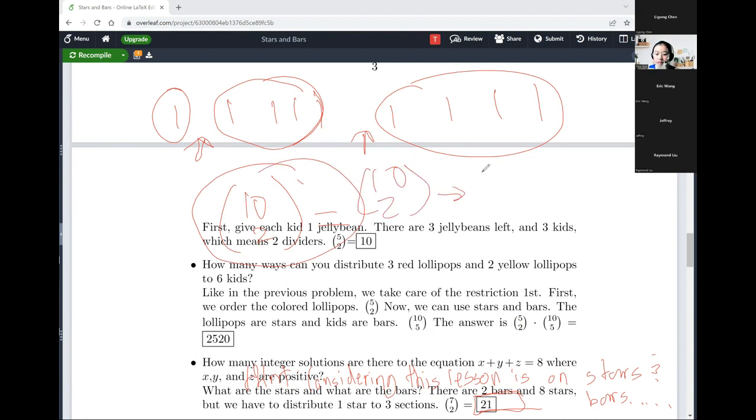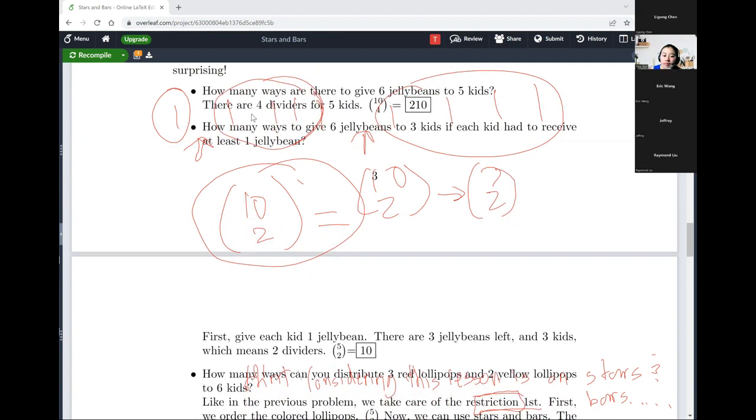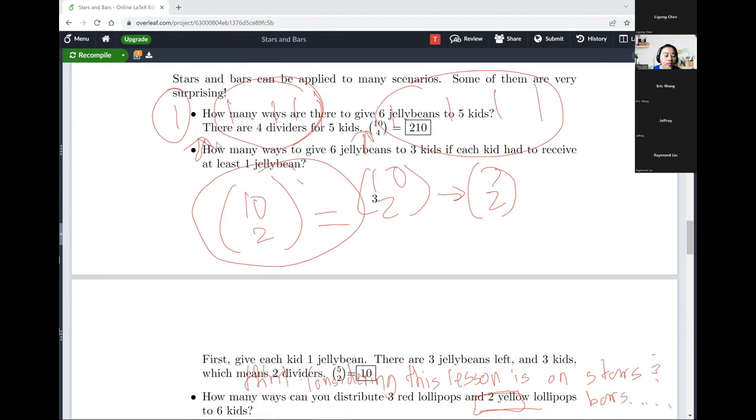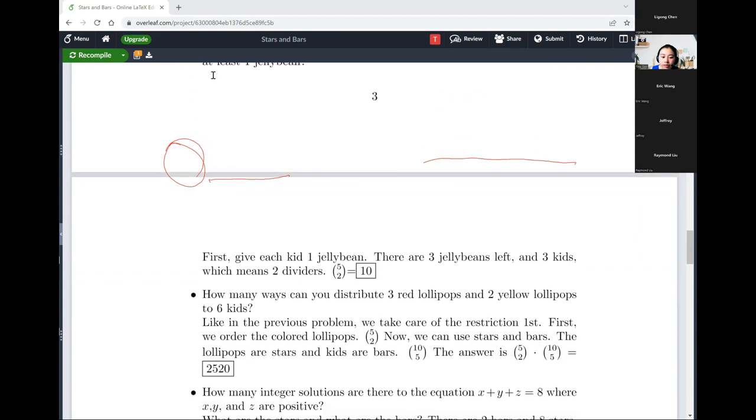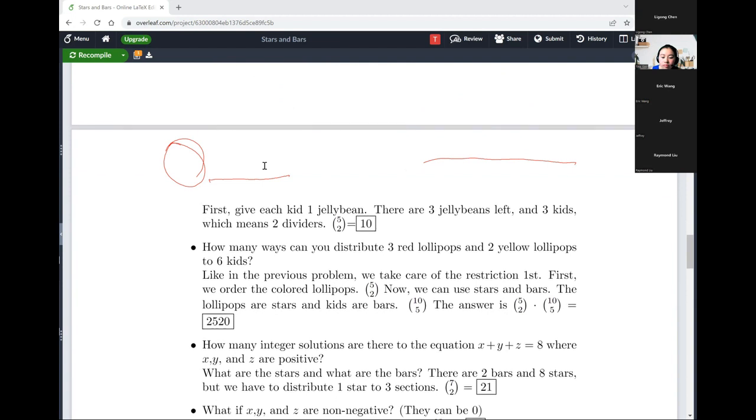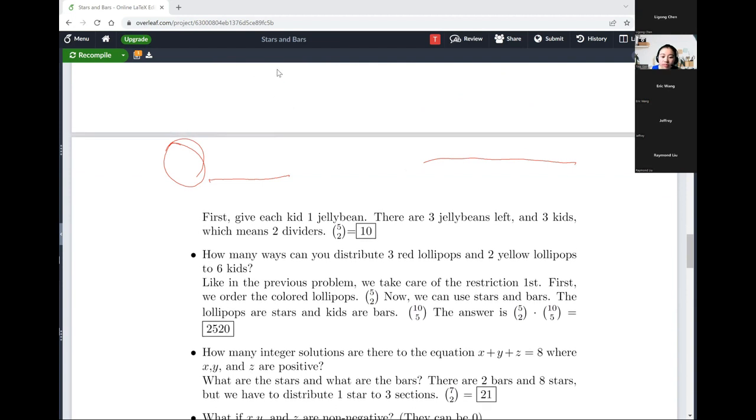But in reality, this should be 7 choose 2 because like the problem above, we need to give the people 1 jelly bean. In this case, we need to give the people 1, considering we have 8 ones.